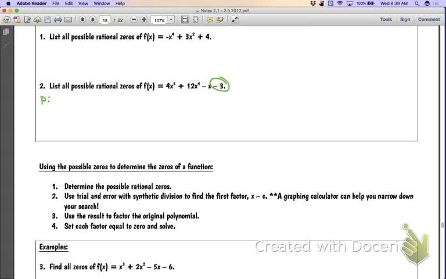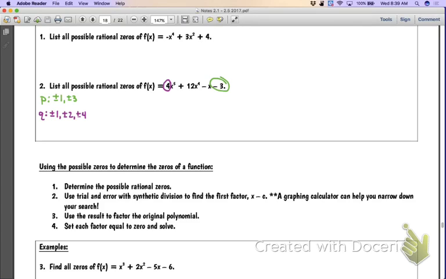Well, that's a pretty short list. Plus or minus 1, plus or minus 3. For all of my values of Q, I have to look at my lead coefficient. I have a positive 4, so plus or minus 1, plus or minus 2, plus or minus 4.